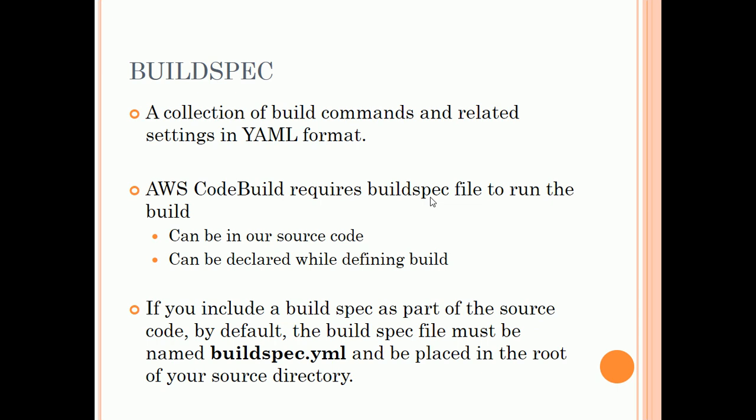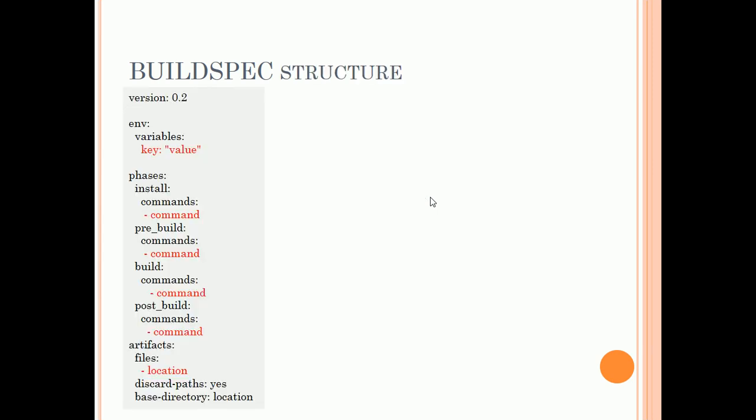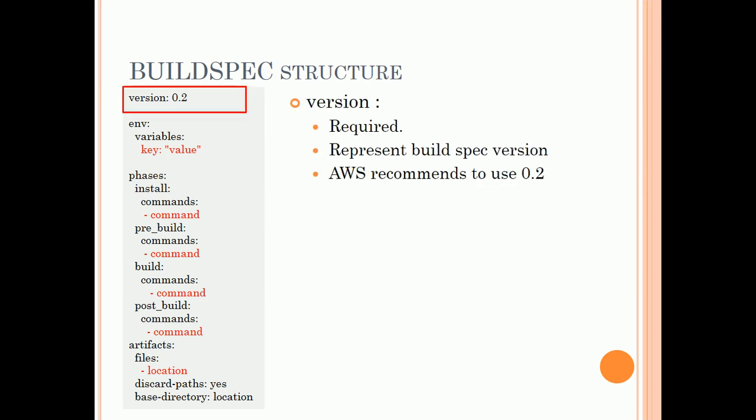Now let's see the structure of the buildspec file. The buildspec file is divided into 4 sequences. First is version. Version is the required sequence and it represents the buildspec version. Nowadays AWS recommends us to use 0.2 as the version. It still supports 0.1, but on the safer side we should use 0.2 to have the support of all the features.